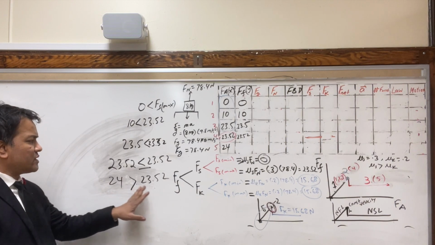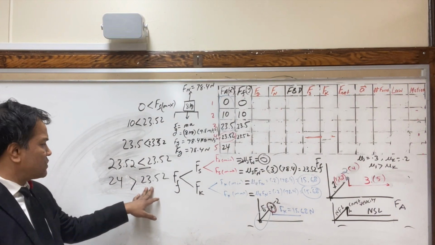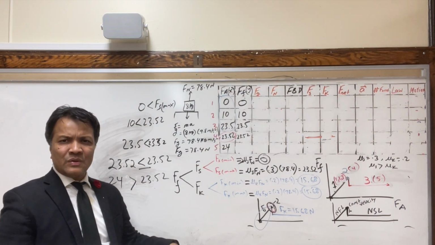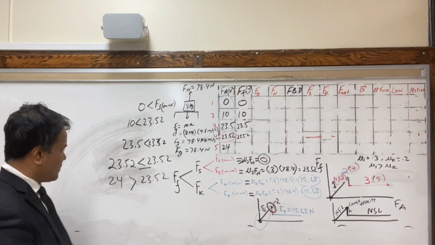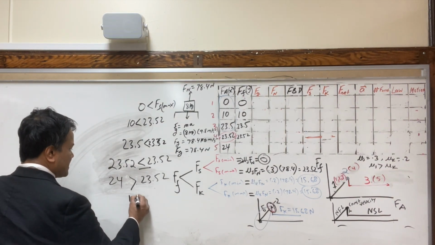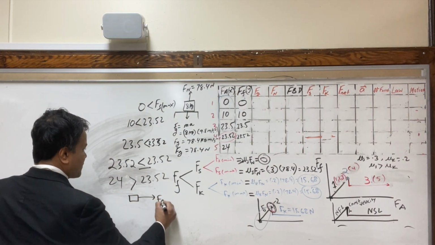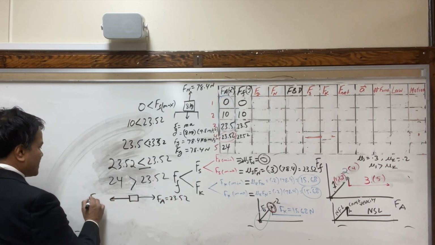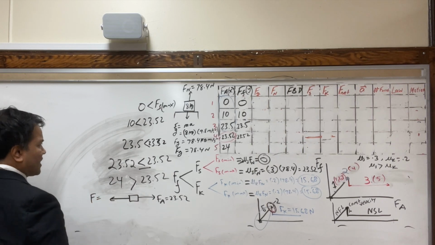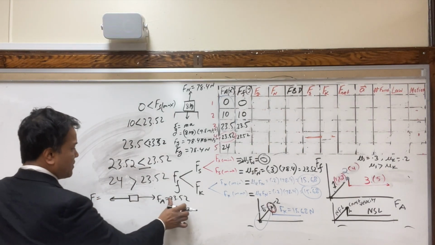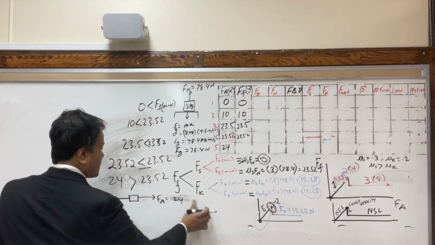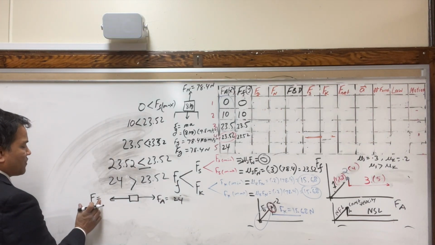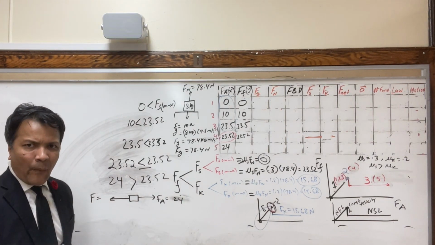Because 24 is more than 23.52. So now another question is, if the applied force is 24, the force of friction is no longer 23.52. Why is that?